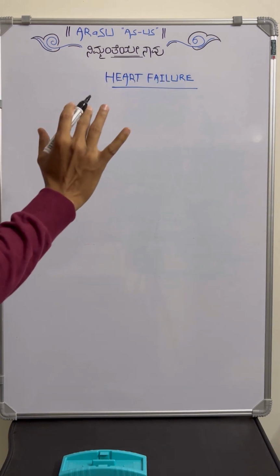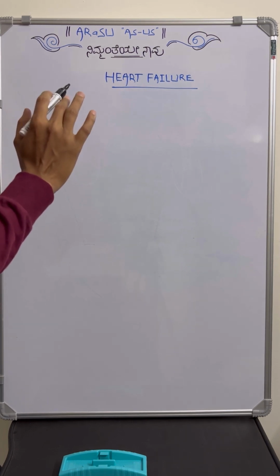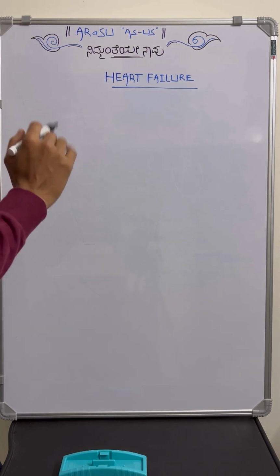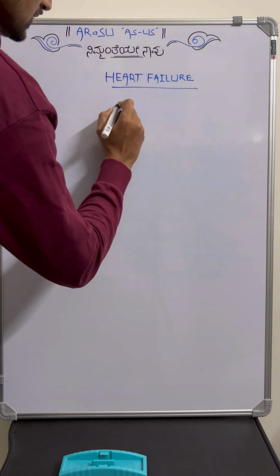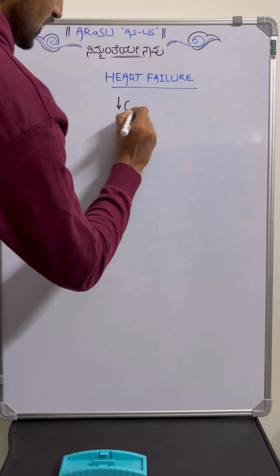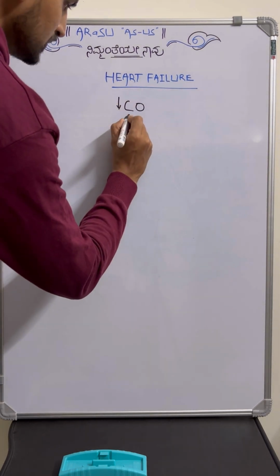So whenever there is heart failure, mainly first I want to talk about heart failure with reduced ejection fraction. Whenever there is heart failure, there will be decreased cardiac output, which will lead to what?